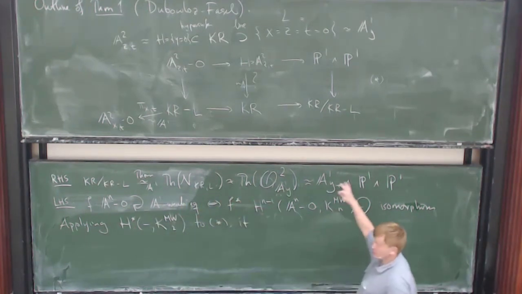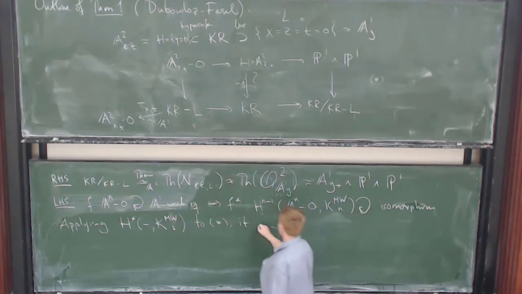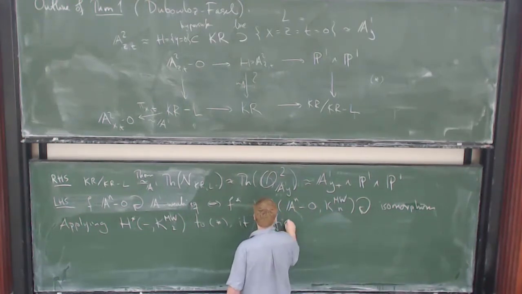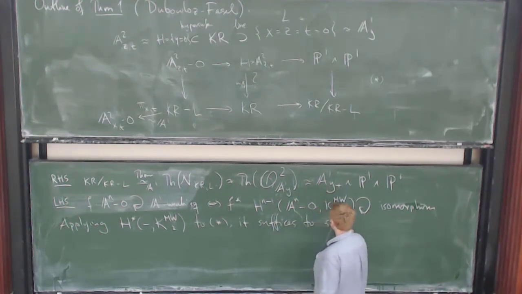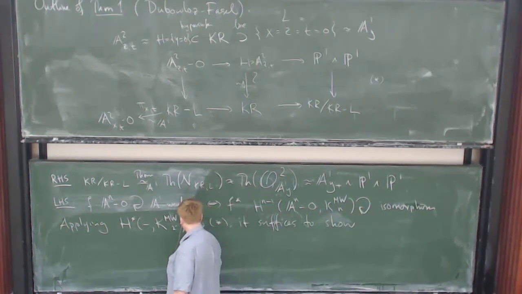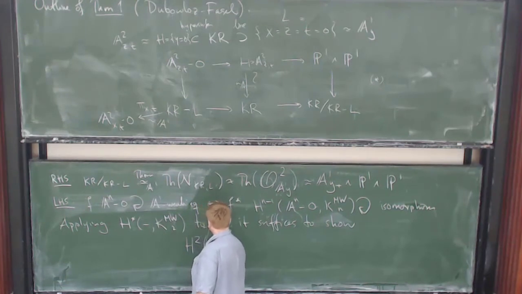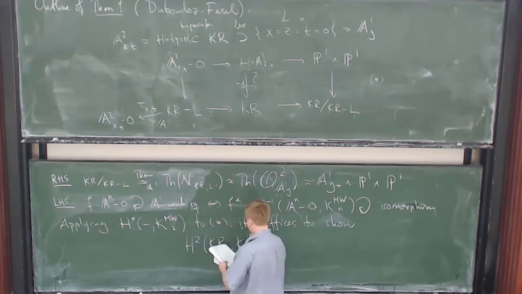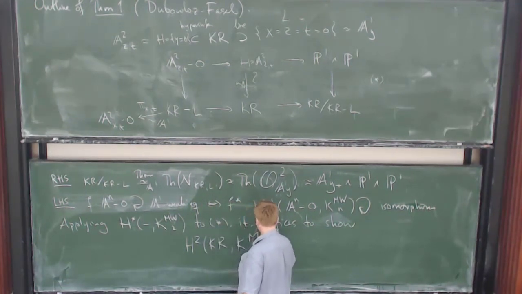Then a diagram chase reveals that it suffices to show the vanishing of some group, namely H2 of K_r, with coefficients in K Milnor-Witt.